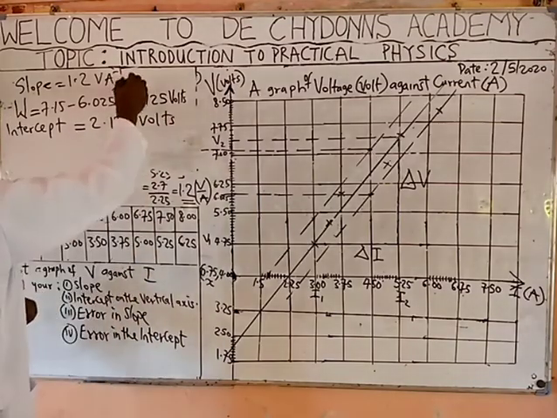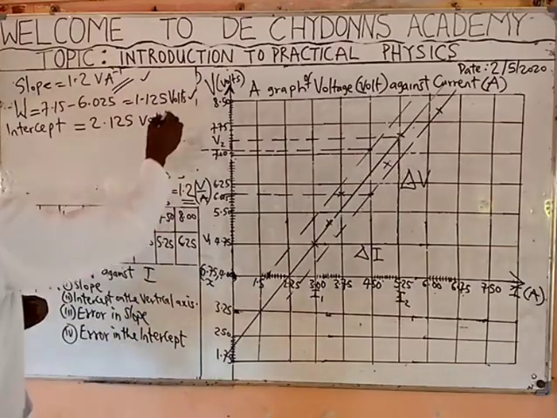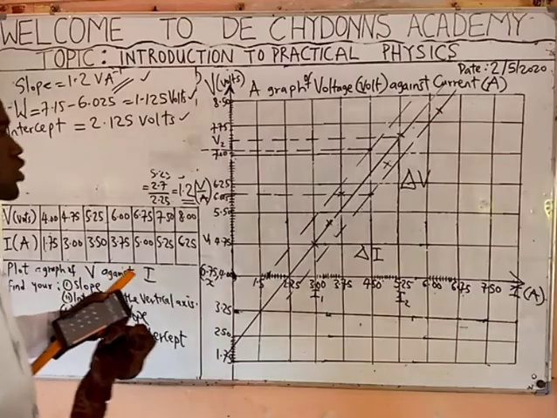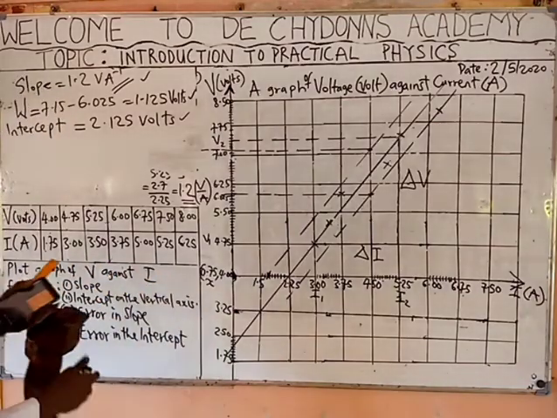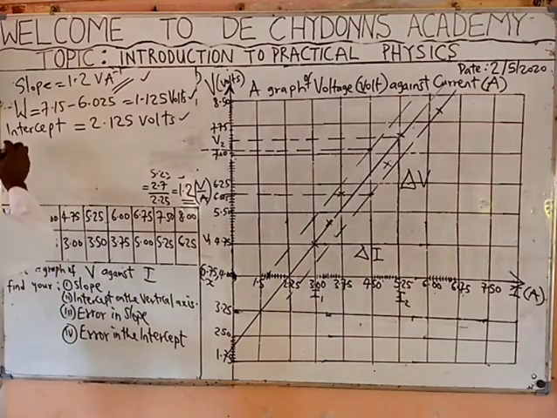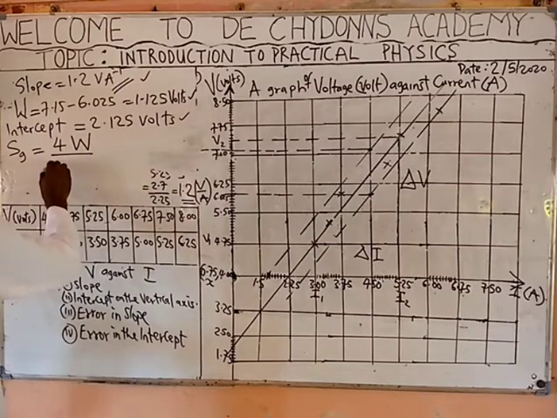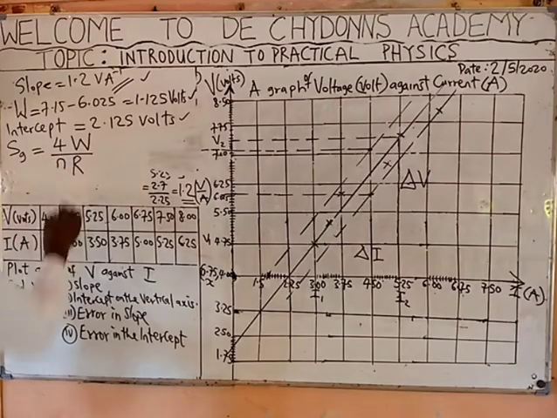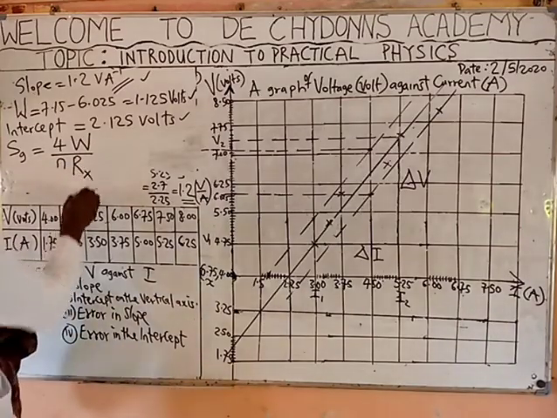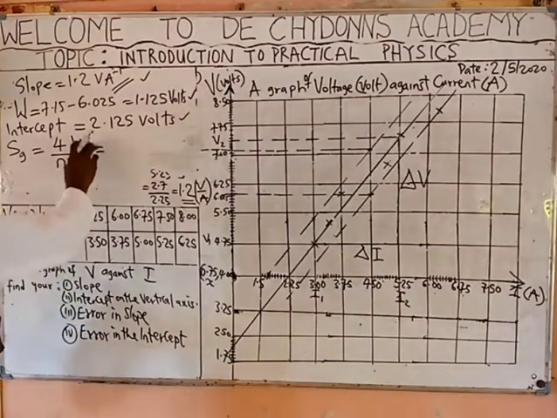Now we have gotten our slope, we have gotten our vertical scatter, we have gotten our intercept. The next question we can be asked is, get the error in the slope. What is the formula? You say error in the slope is equal to 4 times vertical scatter all over number of plots you have times the range of the x-axis. What is our vertical scatter?